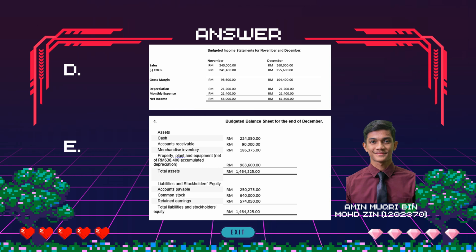Then the retained earnings, which we just add the previous retained earnings with the net income for November and December. So the total liabilities and stockholders' equity, we get 1,464,325 ringgit, which is balanced with asset.